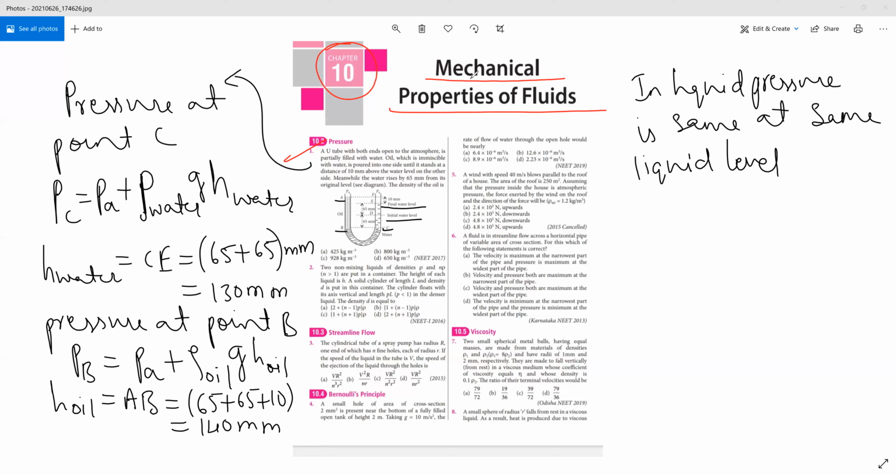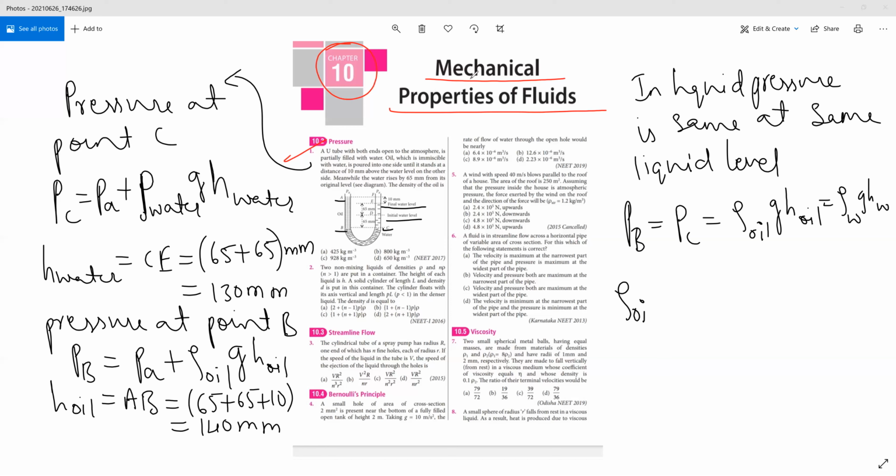So therefore, that is given by PB is equal to PC. Pressure at point B is equal to pressure at C. That's equal to density of oil, acceleration due to gravity into height of the oil. So that is equal to density of water, acceleration due to gravity and height of water.